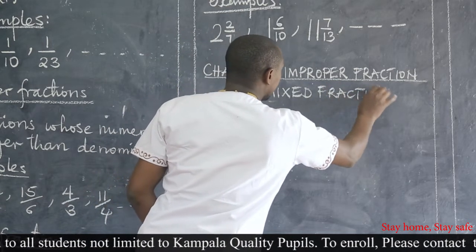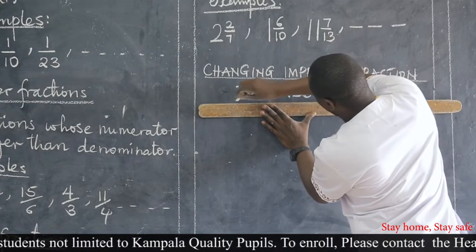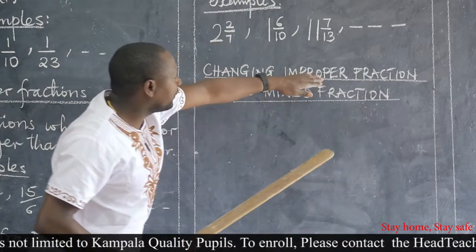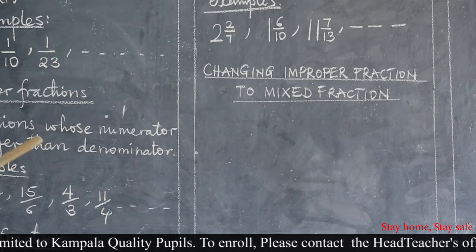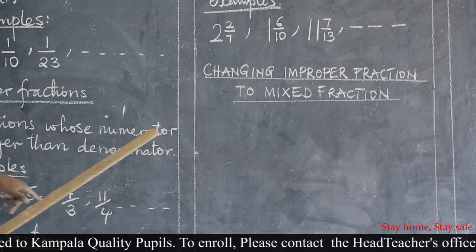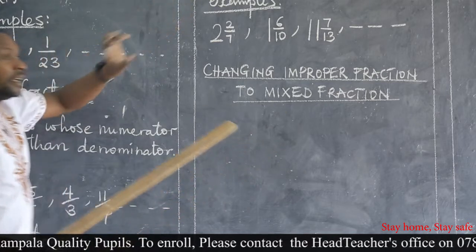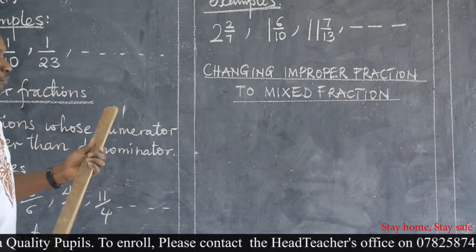I want you to watch carefully. Why? Nobody is going to ask me, teacher, what do you mean by improper fraction? We said it here: fractions whose numerator is bigger than the denominator. Teacher, what about mixed fraction? We have said it. It involves a whole number as well as a proper fraction.